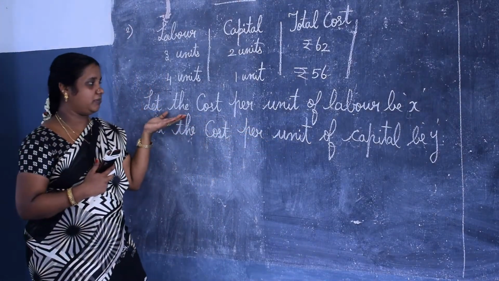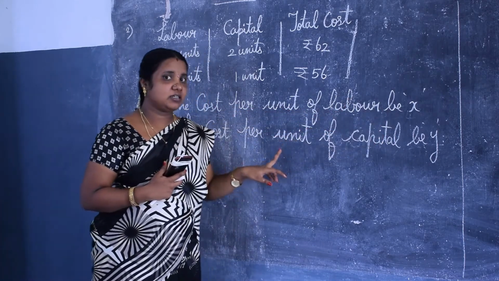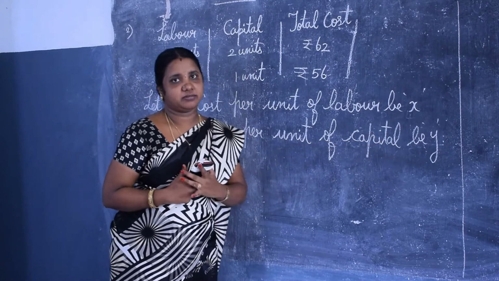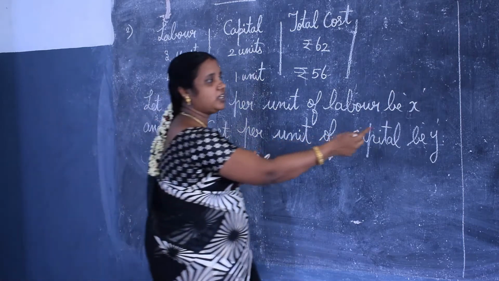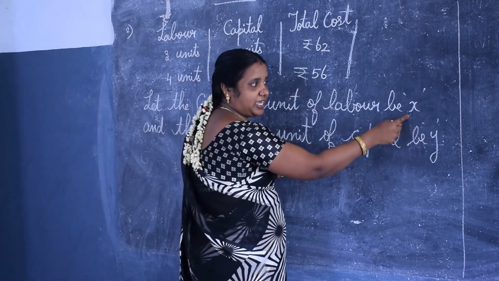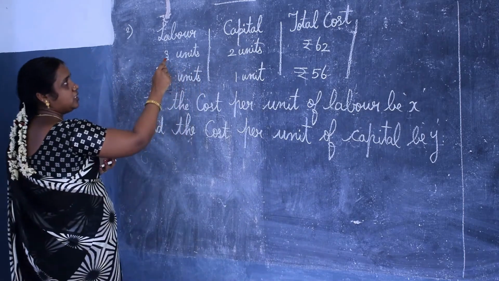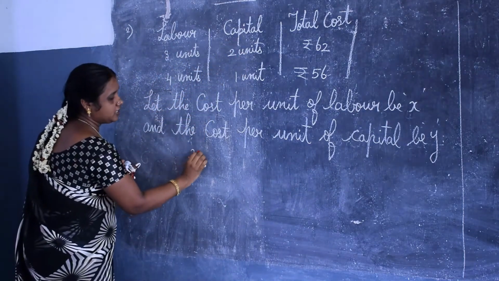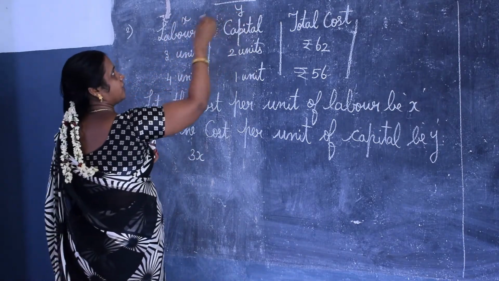So I am going to keep the cost per unit of labor as x. Next, the cost per unit of capital I am going to keep as y. I am going to frame the equation. How many unknowns here? 2 unknowns. I kept them as x and y. Now frame the equation: 3 units of labor, 2 units of capital. So I write 3x, labor is x and capital is y.